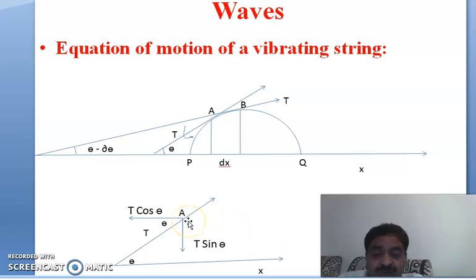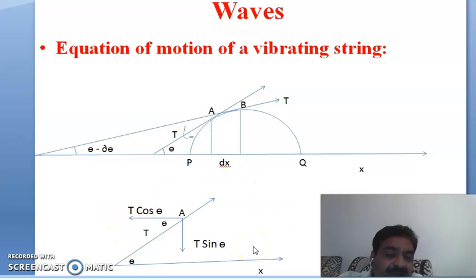So you remember from these two figures, it is clear that the downward tension at A is resolved into two components, T cos theta and T sin theta. Whenever such a line is drawn at A, and this is already the x-axis, this angle theta we have considered, this angle is also theta, because these are parallel to each other.